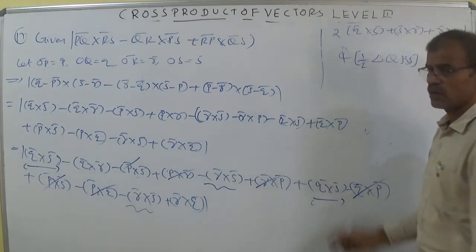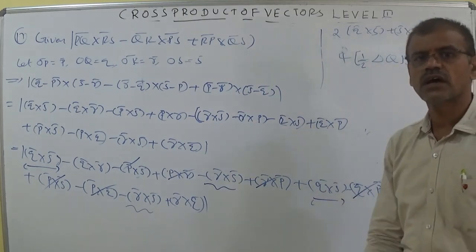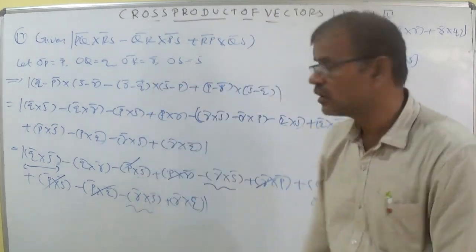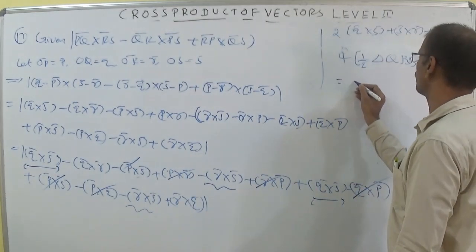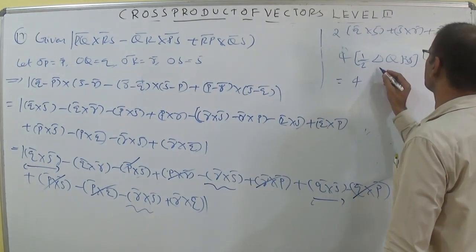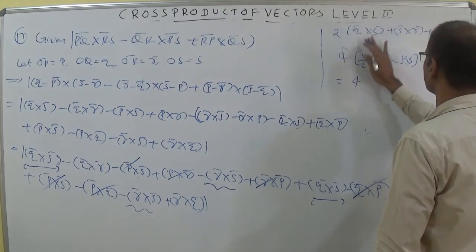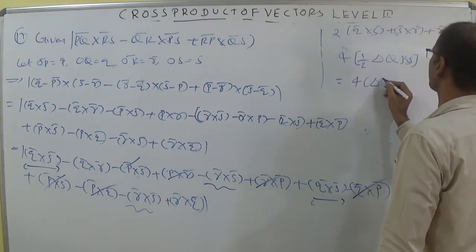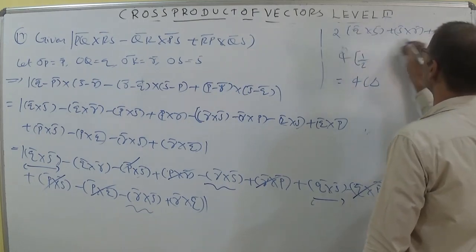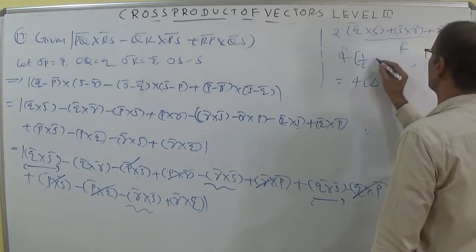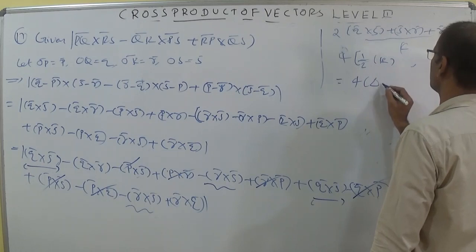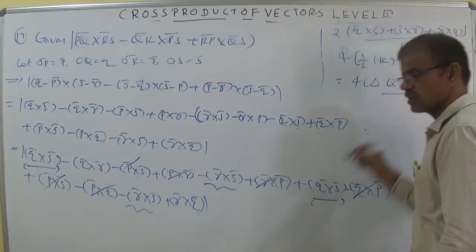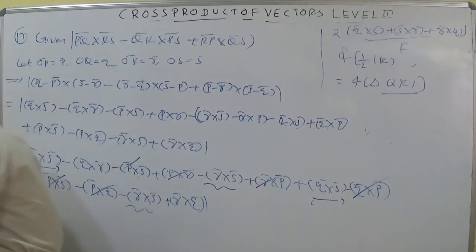Previously I said that delta ABC is A cross B plus B cross C plus C cross A in an order. So you can say that 4 into 1 by 2 into k, that is 4 into delta QRS.